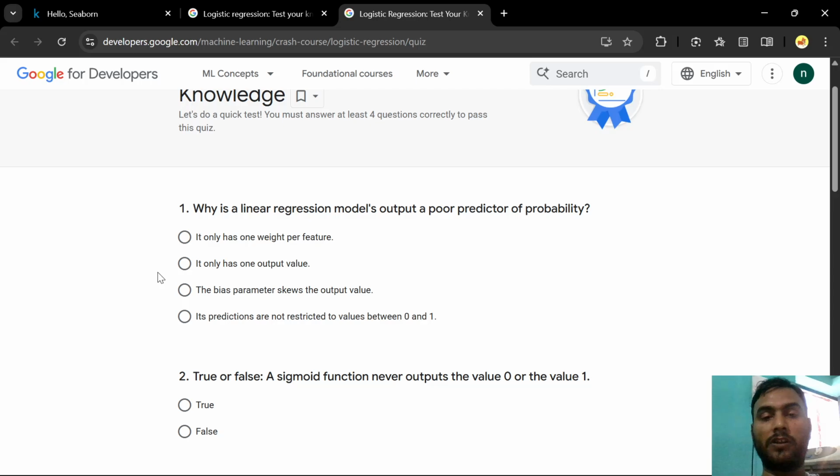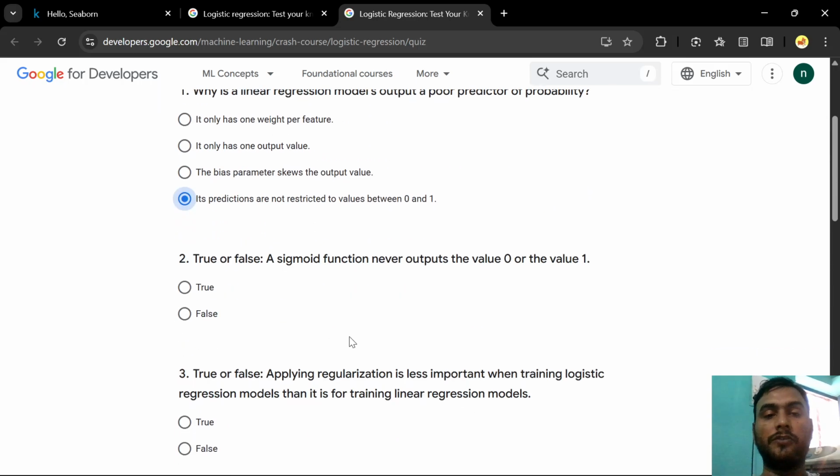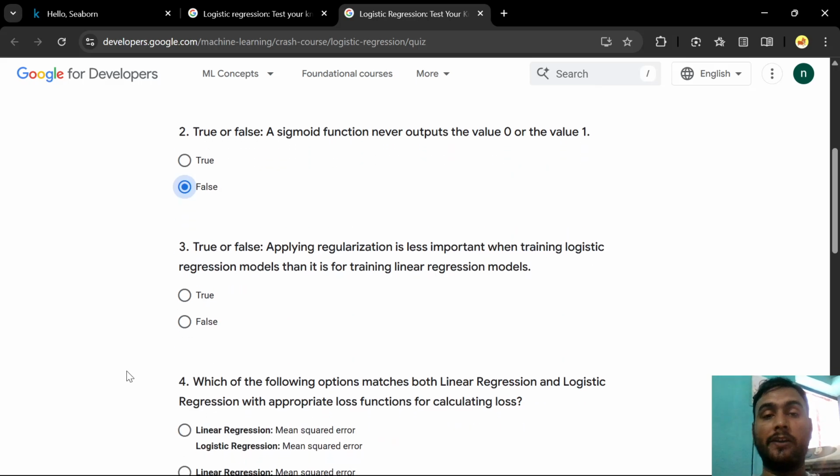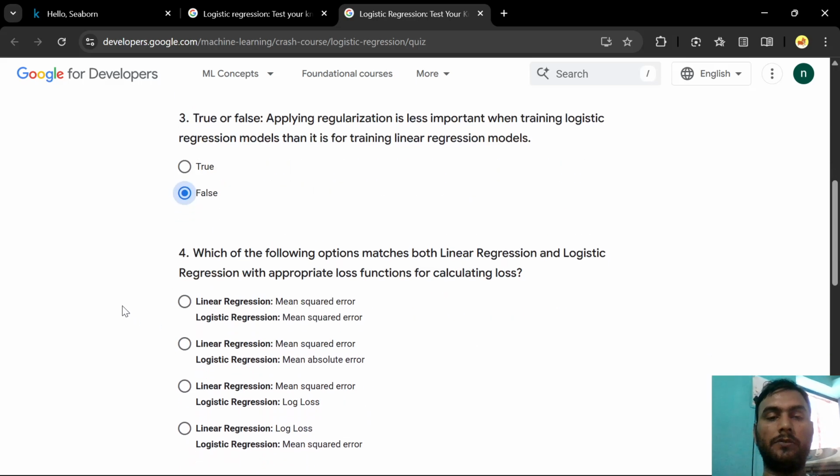Its prediction is not restricted to values between 0 and 1. Yes, that is the answer. Next: a sigmoid function never outputs the value 0 or the value 1. It is false. Applying regularization is less important when training a logistic regression model. No, that is false, because regularization is applied in logistic regression.